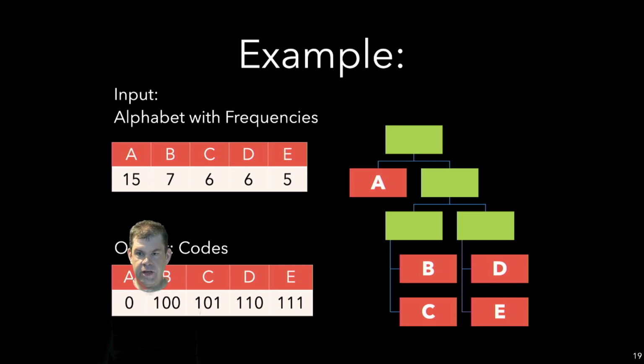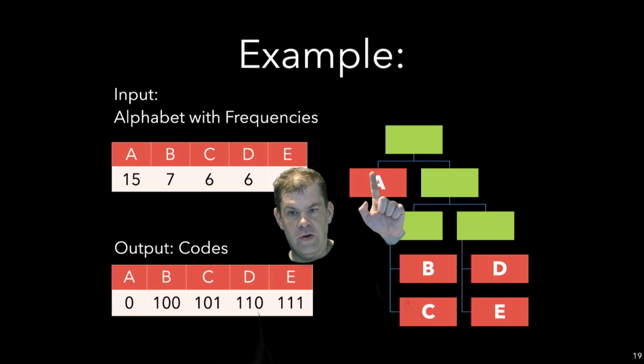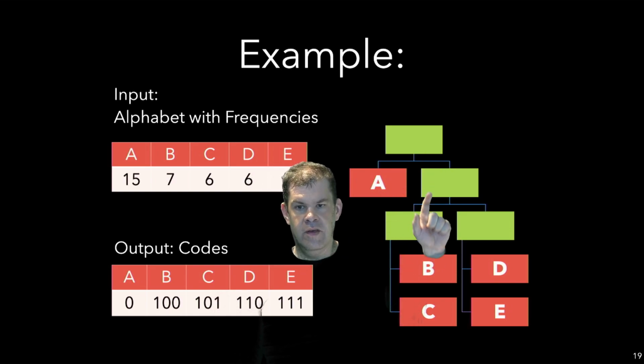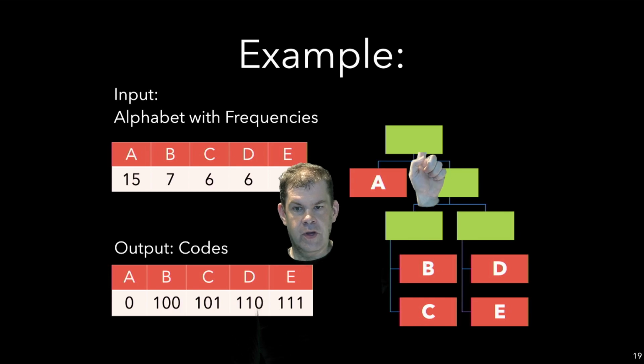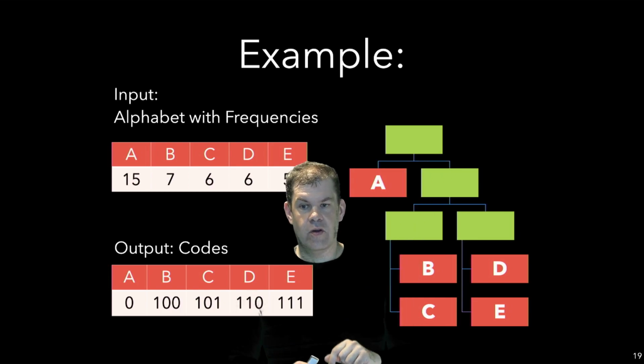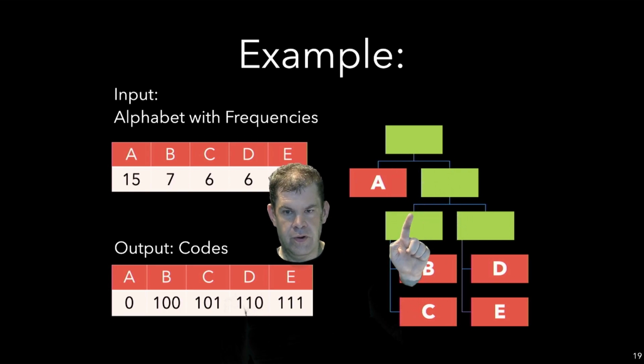The output code is shown here, and here you see the tree. In that particular tree, we would call going left 0. I mean, it doesn't matter, you can call this any way, but we'd say left is a 0, right is a 1. If we start from the top, we go once to the left and end up at our A. So A will get the code 0. Now to get to B, we have to go left, right, right, I think, which means 1, 0, 0.